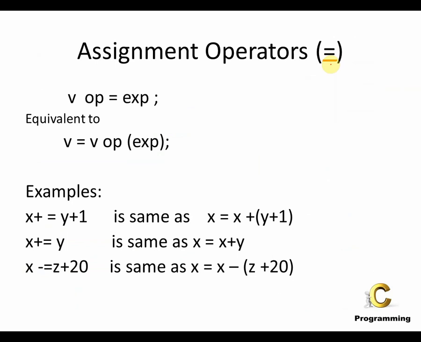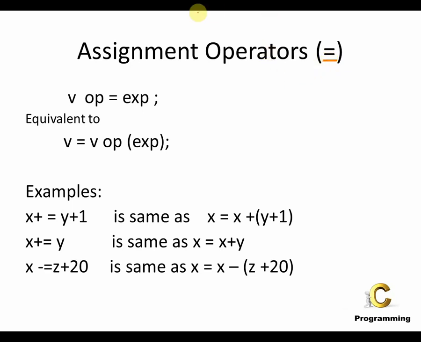It can be the result of an expression which you assign to a variable, or just a value which you assign to a variable. It can be anything. So an assignment operator is used to assign some kind of value to a variable.